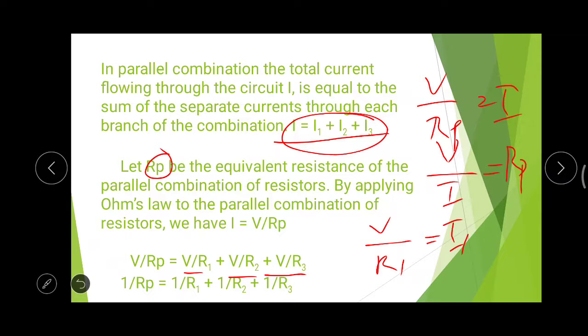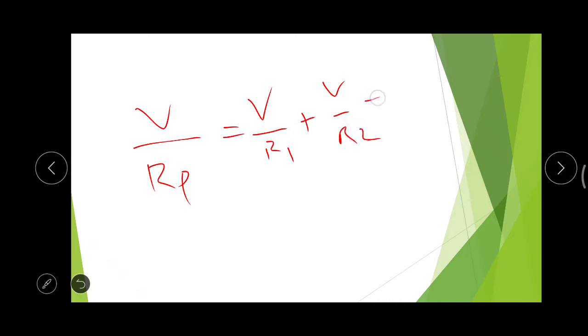So I is equal to V by Rp. So I is equal to I1 plus I2 plus I3. Now we have V by Rp is equal to V by R1 plus V by R2 plus V by R3.